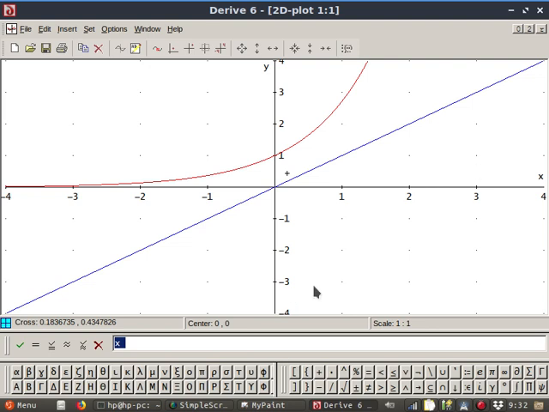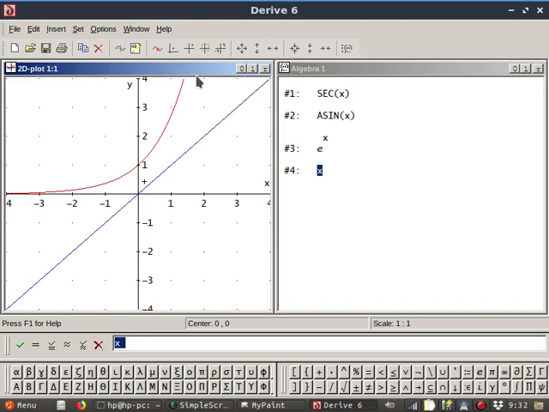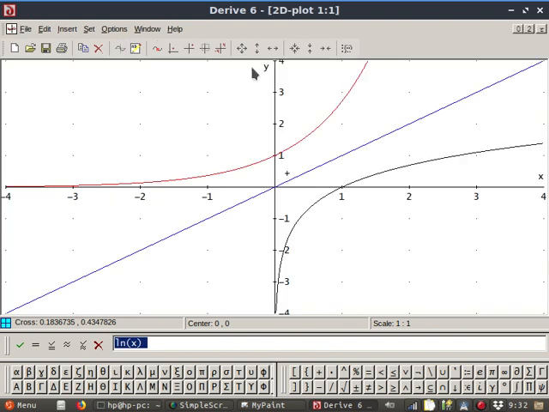Okay, let's try and draw it. So what is the inverse of e^x? It's log x, isn't it? That's the inverse. Let's see if we draw it, what we get. There we go. Can you picture that? This is flipped over the 45-degree line. Yeah. It's kind of, I don't know if you can see it.